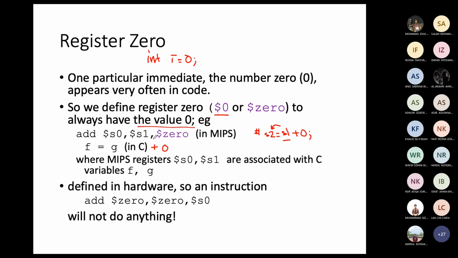Register 0 is defined in hardware. So consider an instruction of add $0, $0, $S0. Imagine if we write that, it means $0 is equal to 0 plus S0, accumulating to a result in $0. Remember, if you put any value on that register, it will always return the value 0.